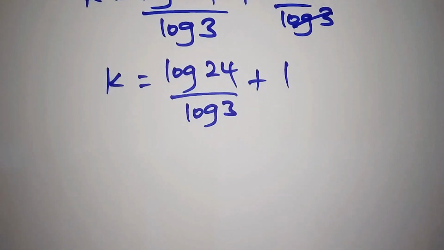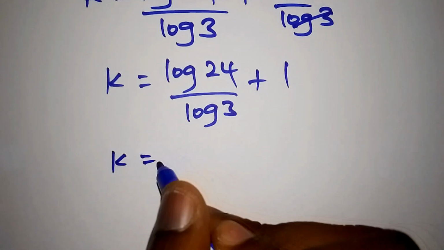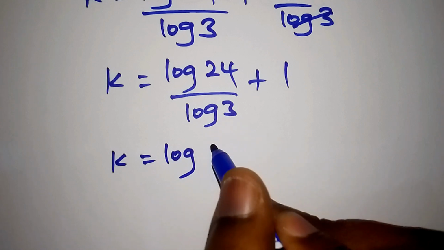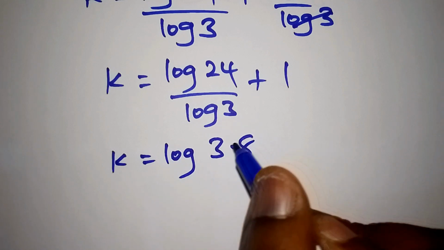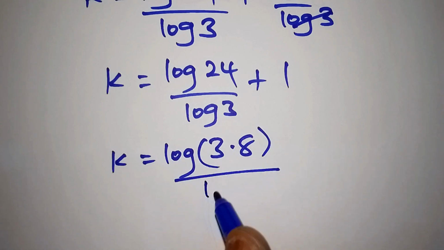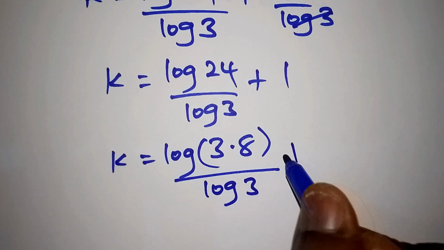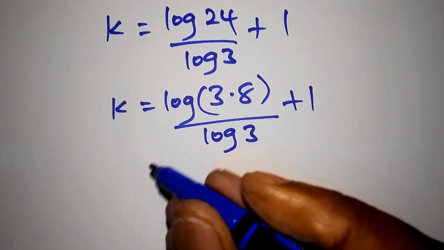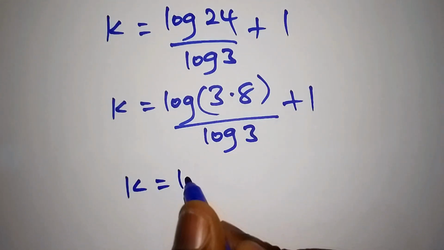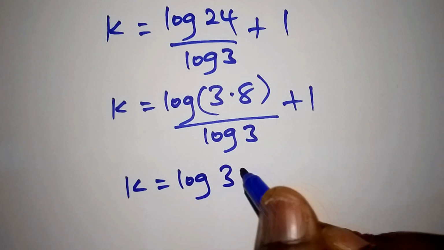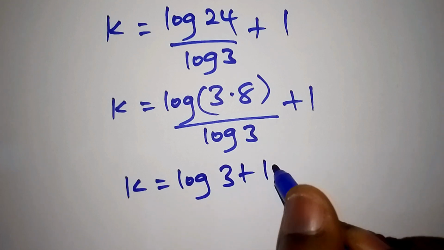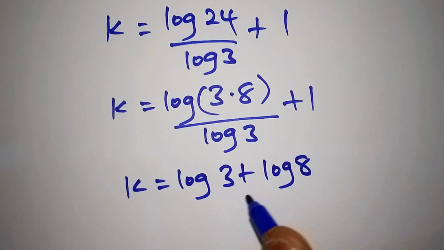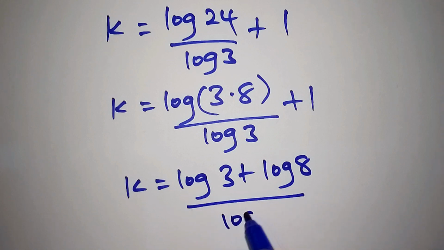So value for k is equal to, so the log of 24 can also be written as 3 multiplied by 8, then all over the log of 3 plus 1. So next k is equal to, so log 3, then plus the log of 8, then all over the log of 3 plus 1.